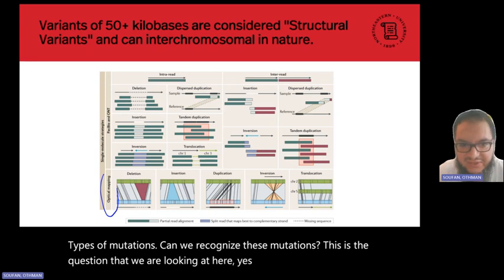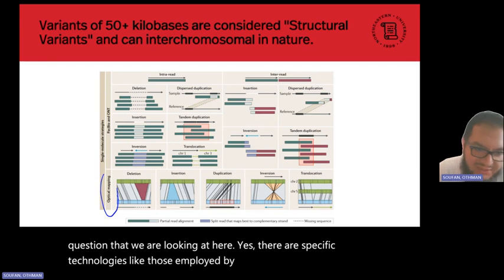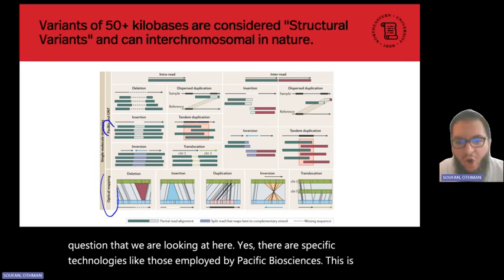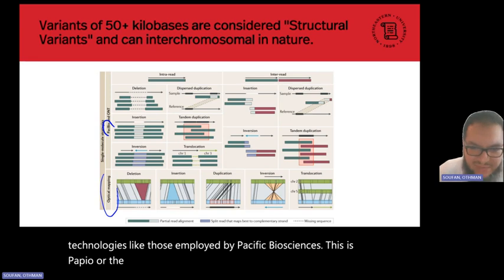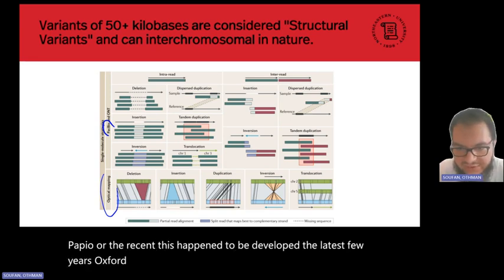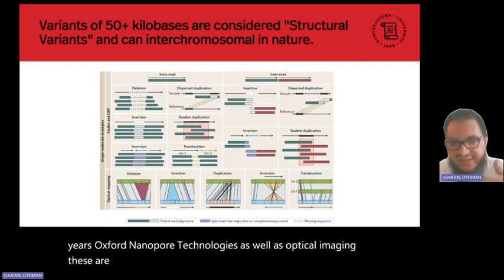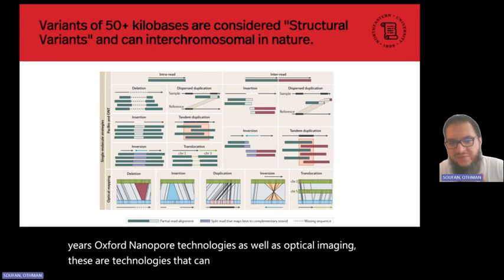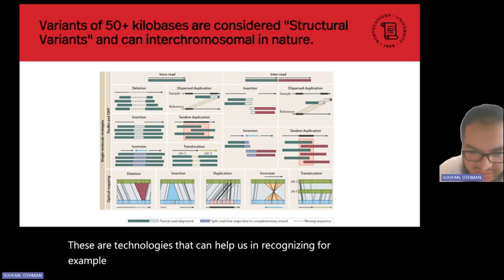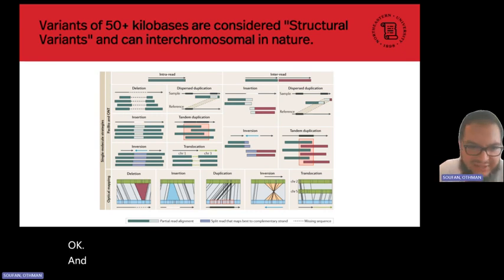Yes, there are specific technologies like those employed by Pacific Biosciences. This is PacBio, or the recent ones, developed in the latest few years, Oxford Nanopore technologies, as well as optical imaging. These are technologies that can help us in recognizing, for example, single nucleotide variants, okay?